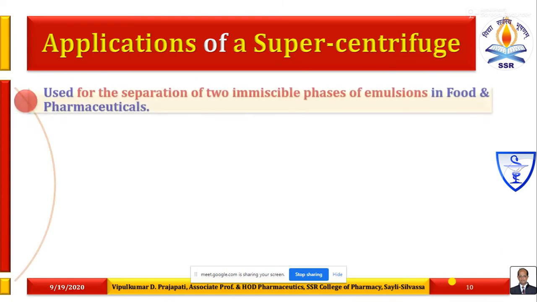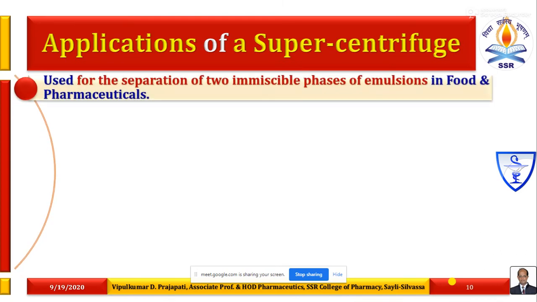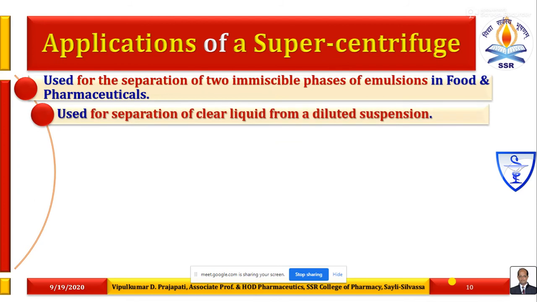What are the different applications of a super centrifuge? It is used for the separation of two immiscible phases, such as in the case of emulsions in food and pharmaceuticals. It is also used for separation of clear liquid from a diluted suspension after modification.